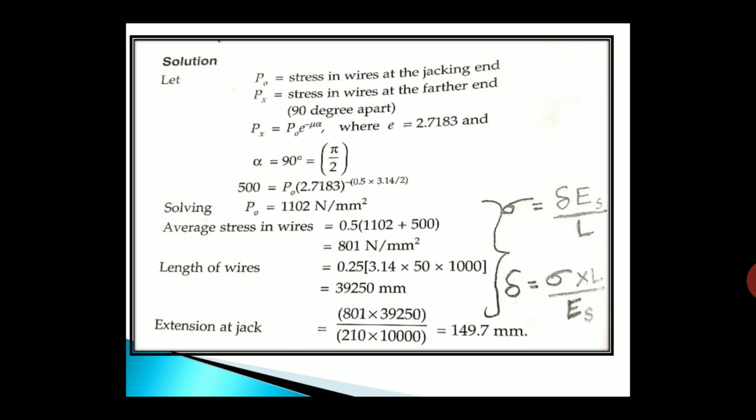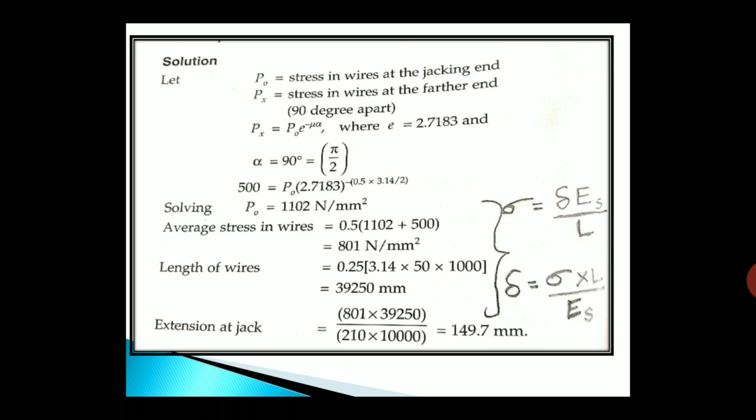Pi d is the circumference, but jacking arrangements are 4 in number, hence it is pi d into 1 divided by 4. 1 divided by 4 is taken here as 0.25. That 1000 is taken to convert 50 meters into mm. Therefore, we get the length of the wire as 39250 mm.